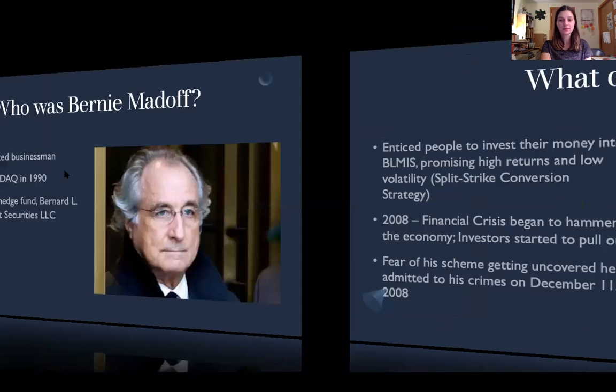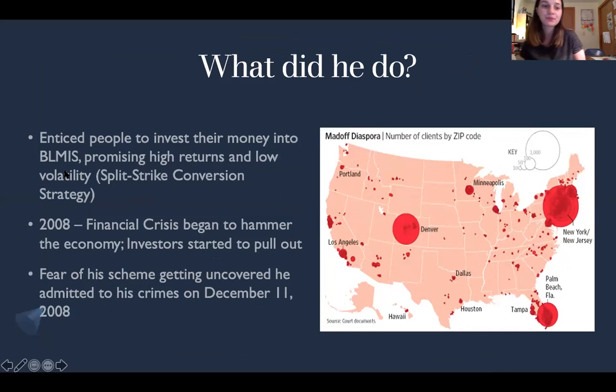So now I just want to talk about what he did. He enticed people to invest their money into BLMIS, promising high returns and low volatility. This is called a split strike conversion strategy. It's a business strategy that he used, and he told it to his clients to make them more likely to invest in the firm.